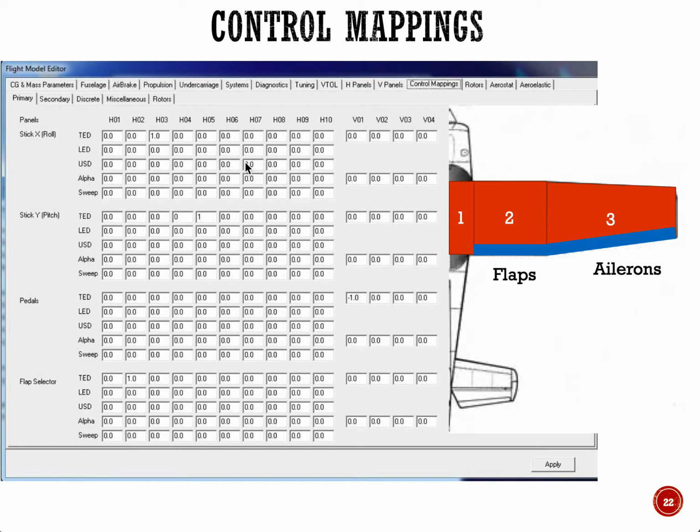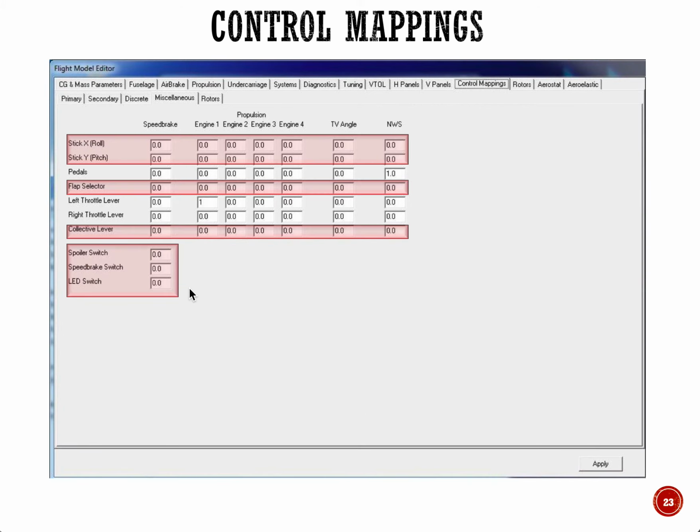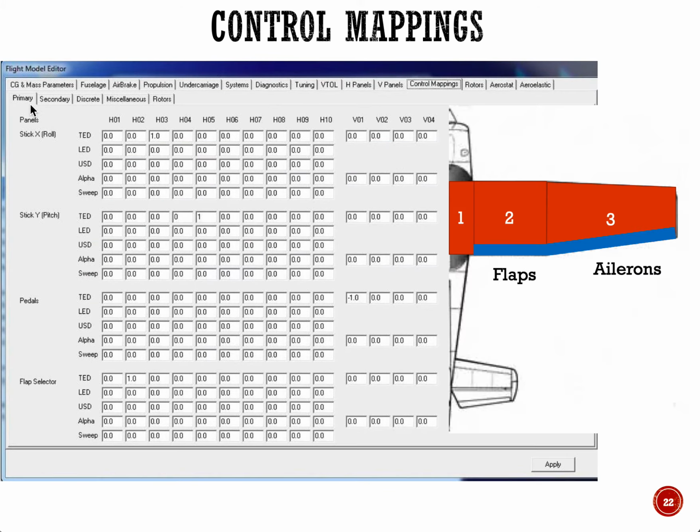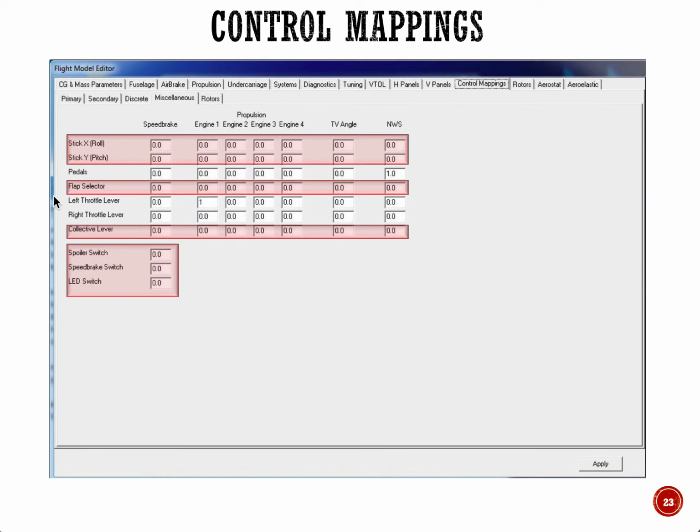So you don't have to worry about anything else. The trailing edge device kind of takes care of everything. Unless you have a leading edge device, you can turn it on in here as well, by just replacing zeros with one. You don't have to worry about secondary discrete or the rotors or anything, but in the miscellaneous section, it's where you have to specify the pedals. Obviously, the NWS is, I guess, the nose wheel, or the rudder.